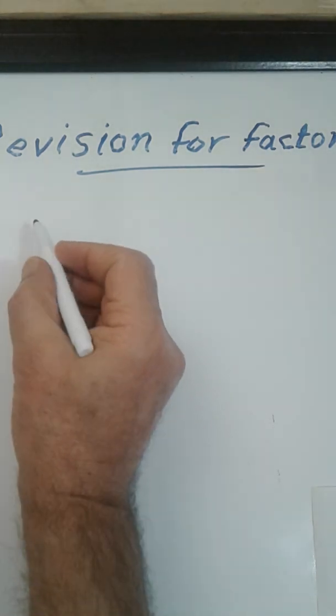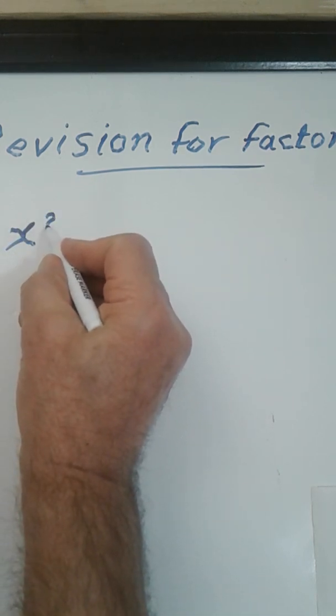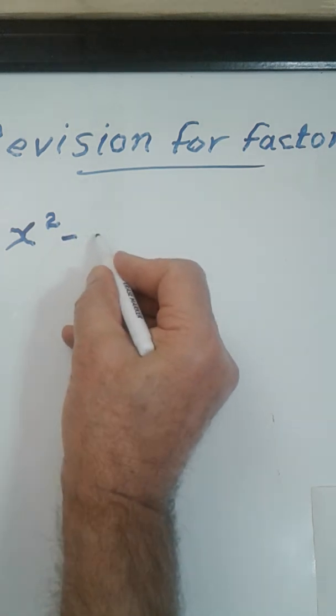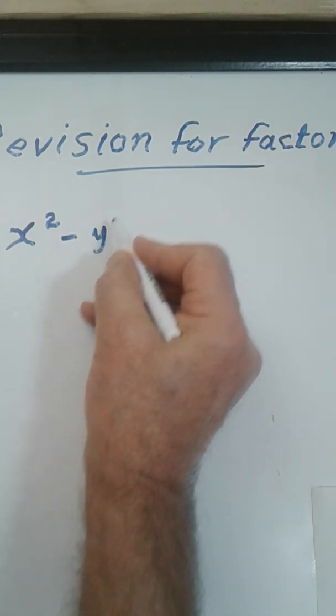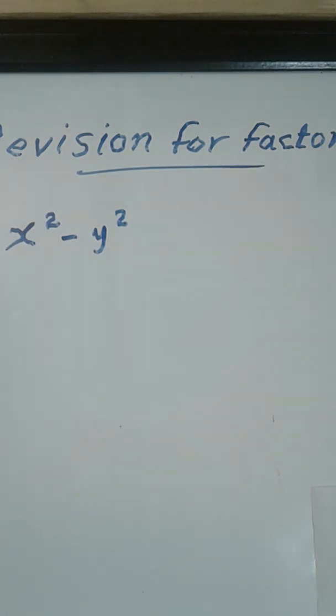Here, when we have x squared minus y squared, we name this the difference between two squares.